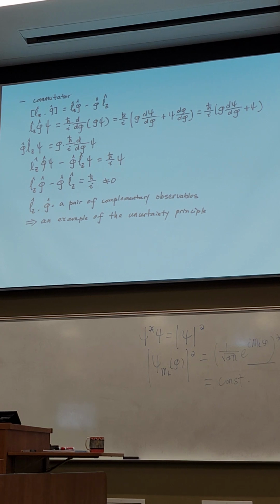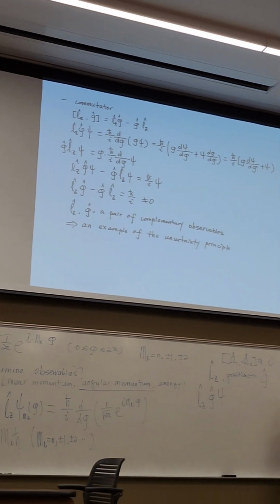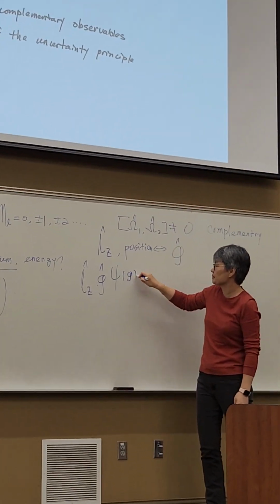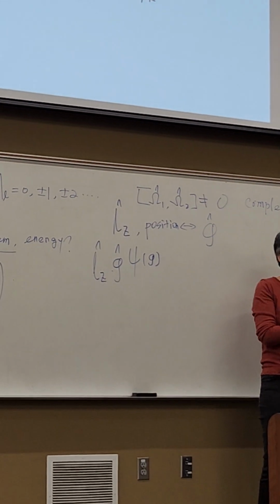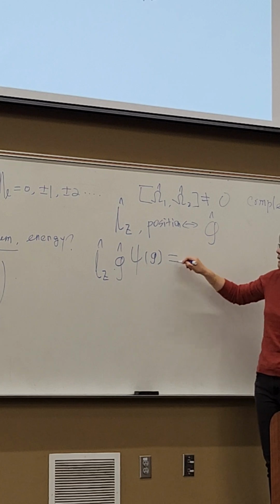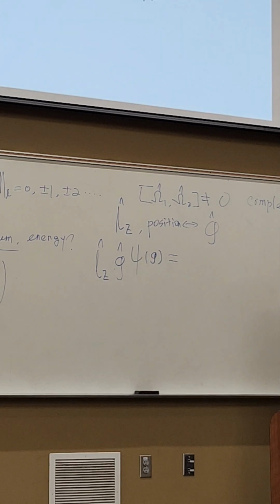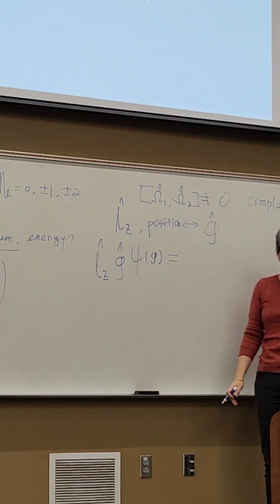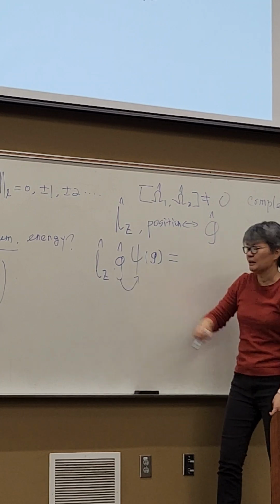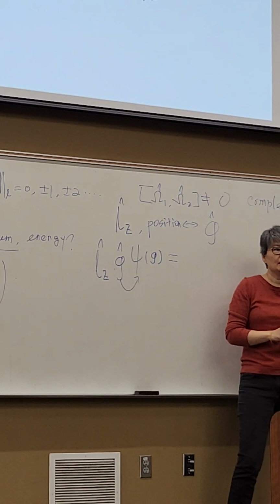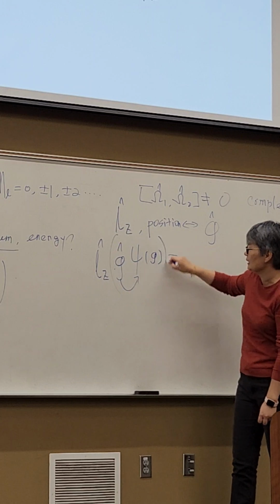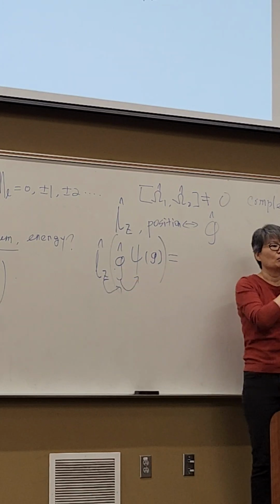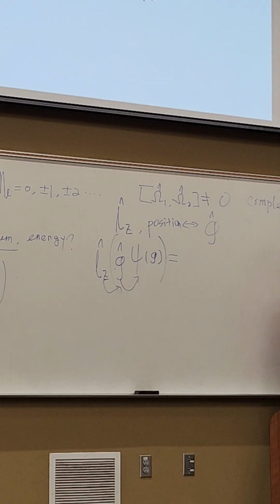All right, let's evaluate this on the wave function. Now let's plug in the expression for the operator. In operator notation, the closest one acts first, then the outcome of this goes to the second operator.